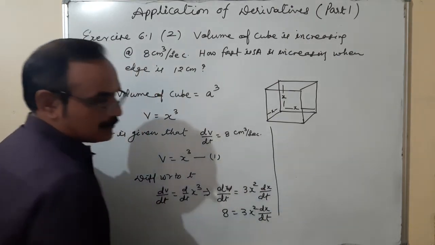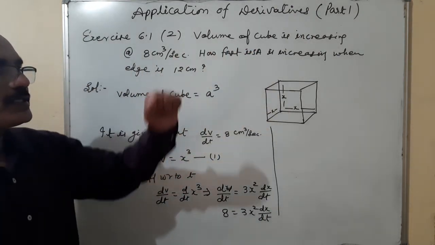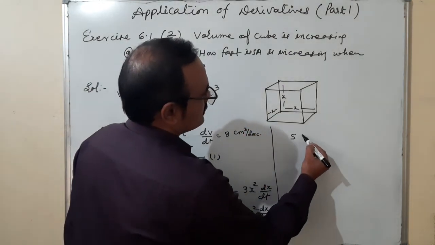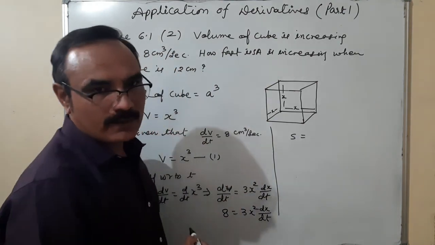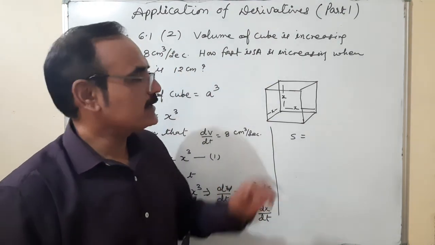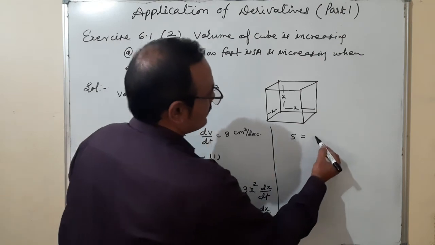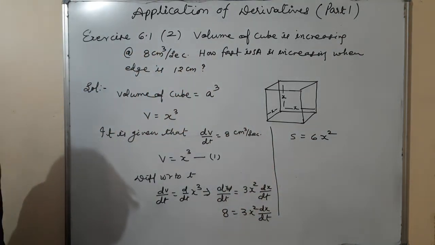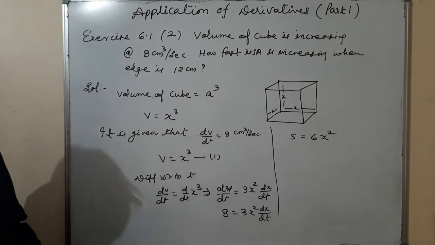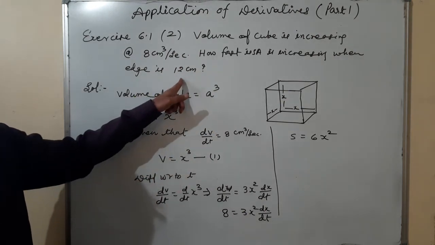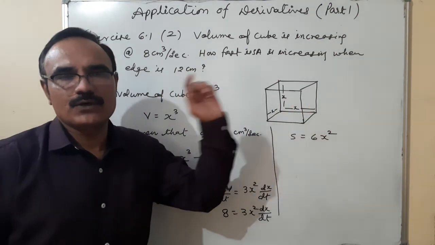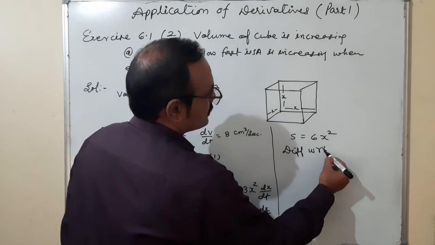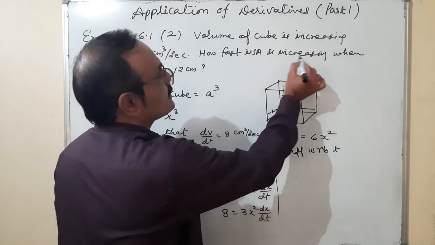Now again go to the question which says how fast surface area is increasing. Surface area of cube, that means total surface area, is 6a square, meaning 6x square. Okay. We are finding how fast the surface area is increasing when the edge is equal to 12 centimeter. At the time when x is equal to 12. Okay. So differentiate with respect to t, because we are finding how fast surface area is increasing.